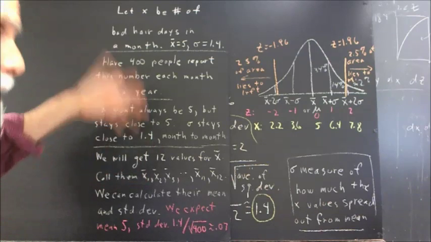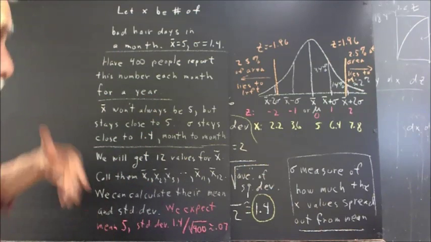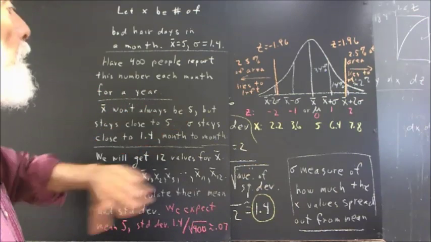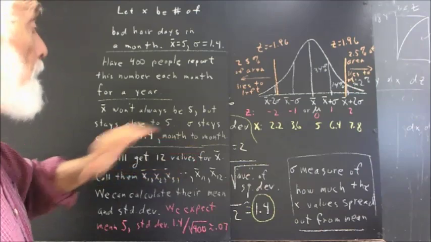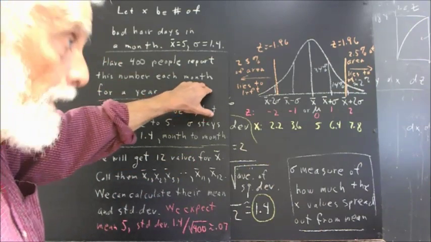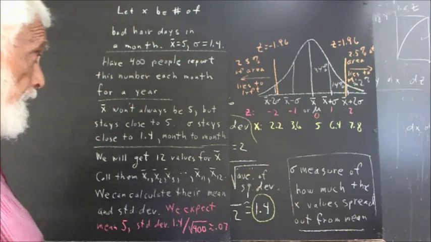Now, in a year, there are going to be seasonal variations. Some months are going to tend to have more than others. But let's assume we have an ideal situation, tropical island someplace, same weather all year, and no other factors that would make one month tend to have more bad hair days than another.